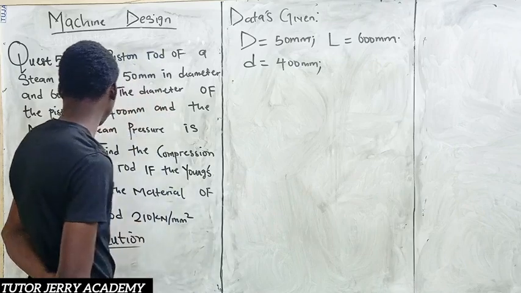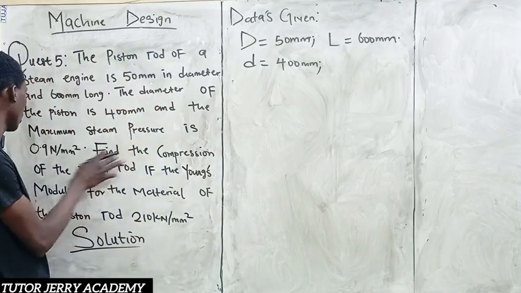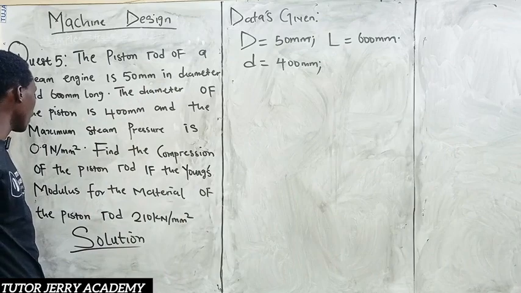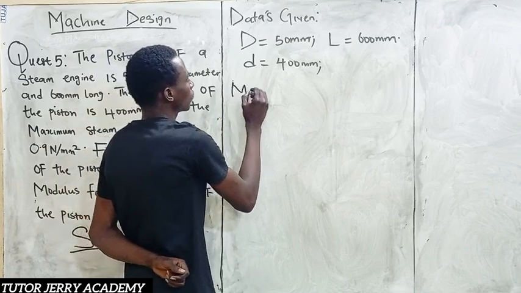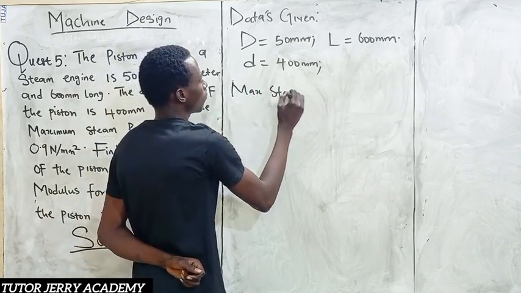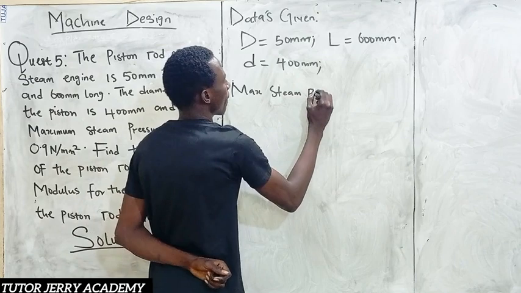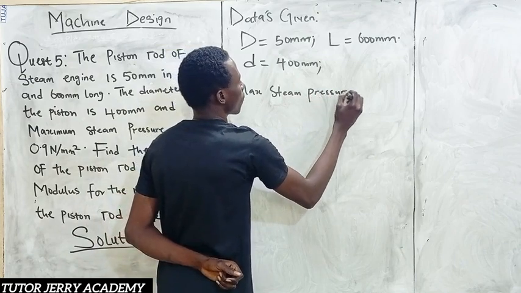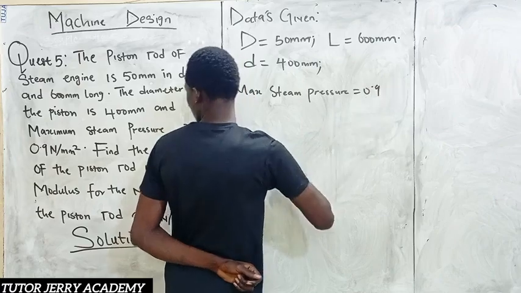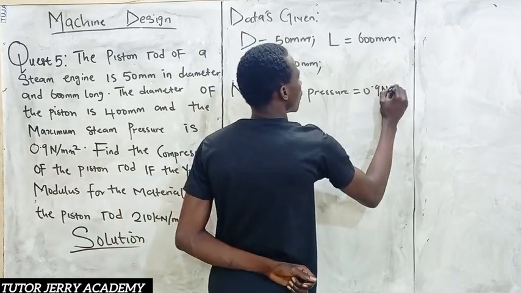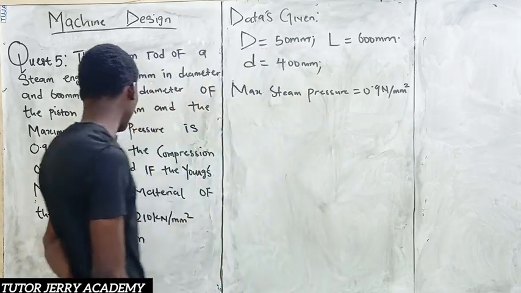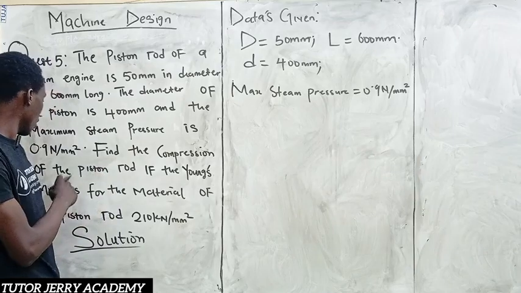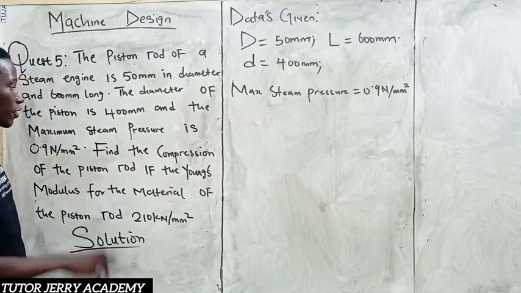Now, what do we have next? We have the maximum steam pressure, which is equal to 0.9 Newton per millimeter square. This is what we have. So we are told to find the compression of the piston rod.